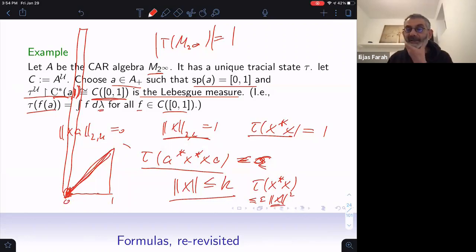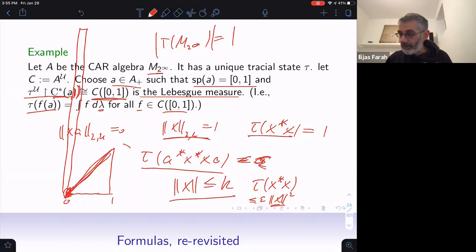So basically, no matter what k you choose, you end up with a small enough condition which is not satisfied. So this was just a sketch of a proof. I'll just suggest that you go over the details. All that I wanted to emphasize is that something else is going on here, right? So these tracially saturated C*-algebras are not saturated in the standard way, but their saturation is useful for other purposes.